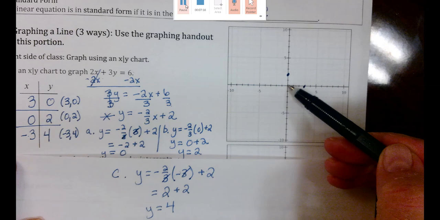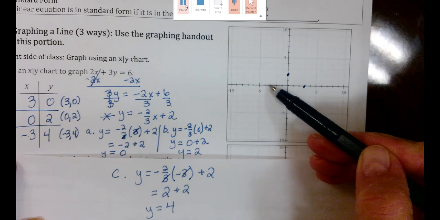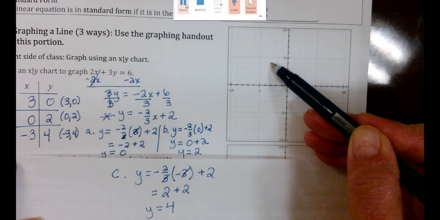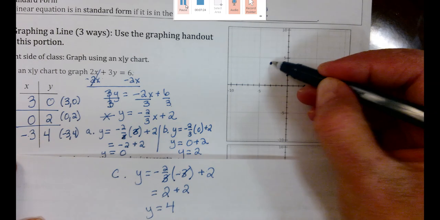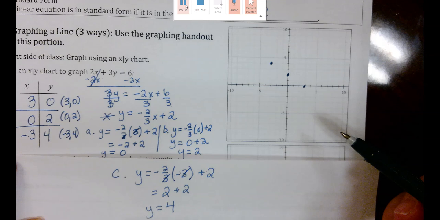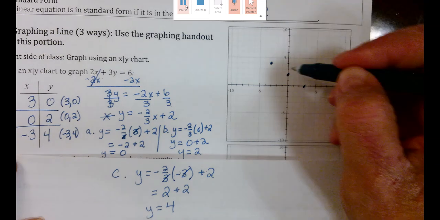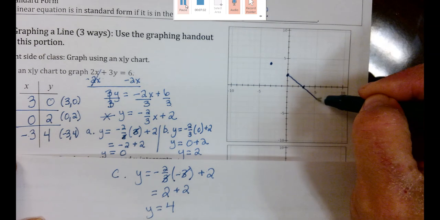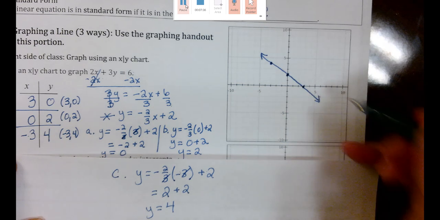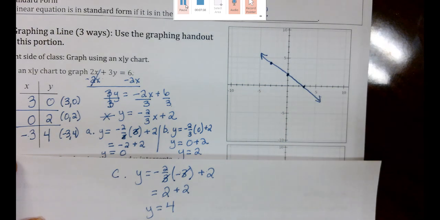So starting at 0, going left 3 and up 4. 1, 2, 3, and 4. Now you see, if we've graphed this correctly, our 3 points should be in a line, and they are. And this is not going to be perfect because I'm not an artist. Make sure you add those arrows on the end because the line does go on forever.